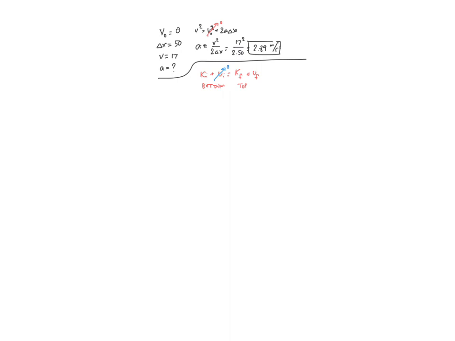And then plugging in the formulas, we will have 1/2 m v initial squared is equal to 1/2 m v final squared plus m g h final. Notice that all three terms have a mass in it, which cancels out.